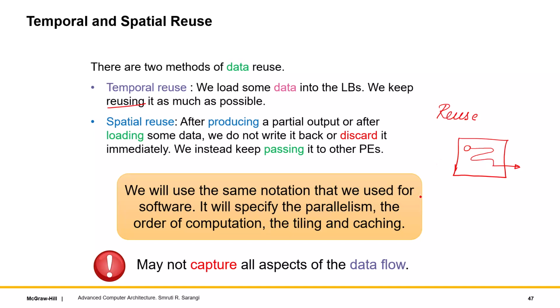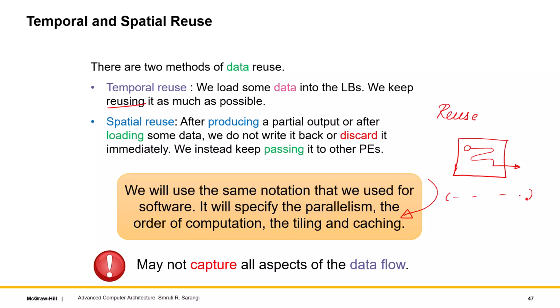Here also we'll use the same notation that we used for software in the previous section. But of course here we may slightly change the ordering of the loops to make it more hardware friendly. Note that our notation doesn't capture everything. It's not that using our notation you can exactly design hardware, so you would need more things.